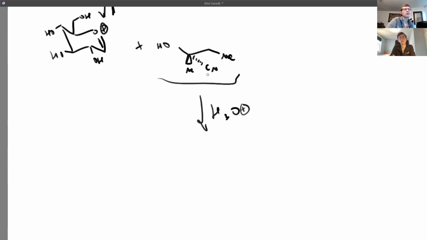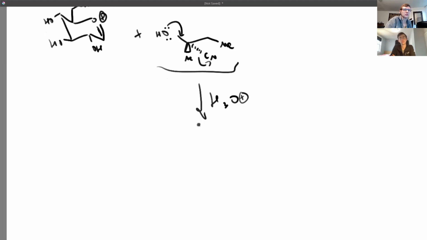Oh, so maybe instead of taking this off, you might also notice that this carbon here has an alcohol and a cyanide group on there at the same time, which is like a cyanohydrin, I think, right? Yeah, sounds right. And so this alcohol is actually going to want to pop this thing off.